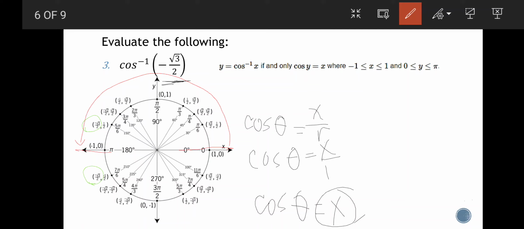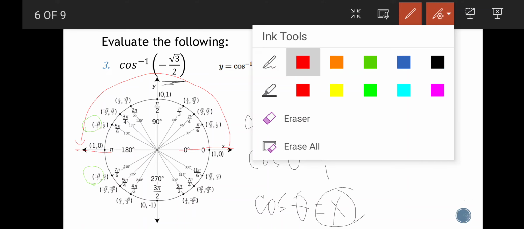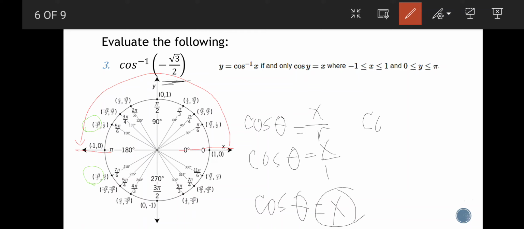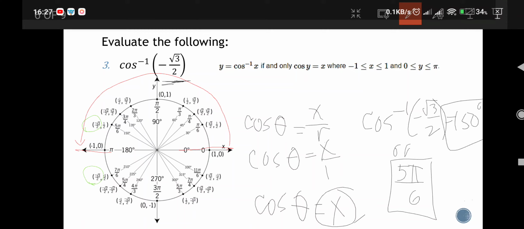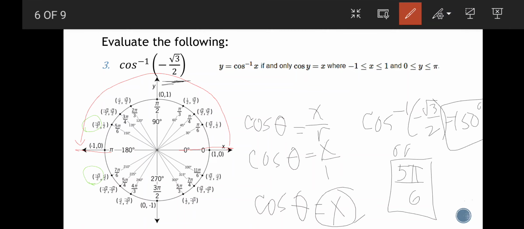Since 210 degrees or 7 pi over 6 is not within our range, therefore we can say that arc cosine negative square root of 3 over 2 is equal to 150 degrees, or that is 5 pi over 6 in radians. So either you can answer 150 degrees or 5 pi over 6 in radians.